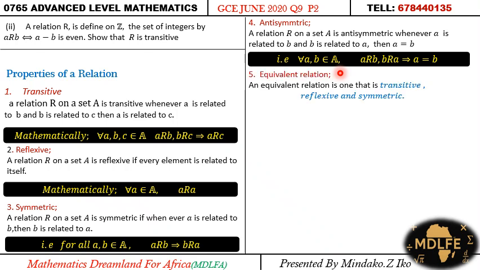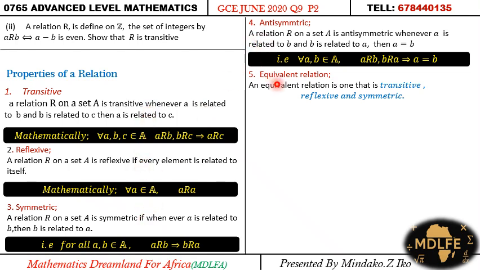Let's continue. Property 5 is the equivalence relation. You have to know all these other properties offhand: transitive, reflexive, symmetric, and antisymmetric.